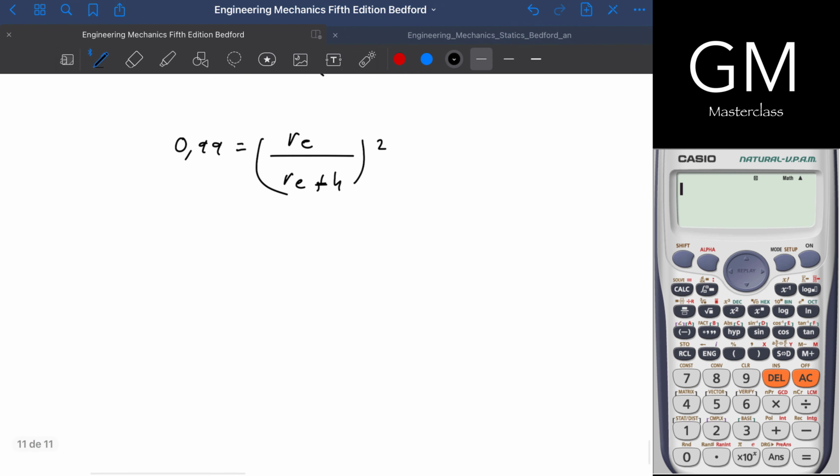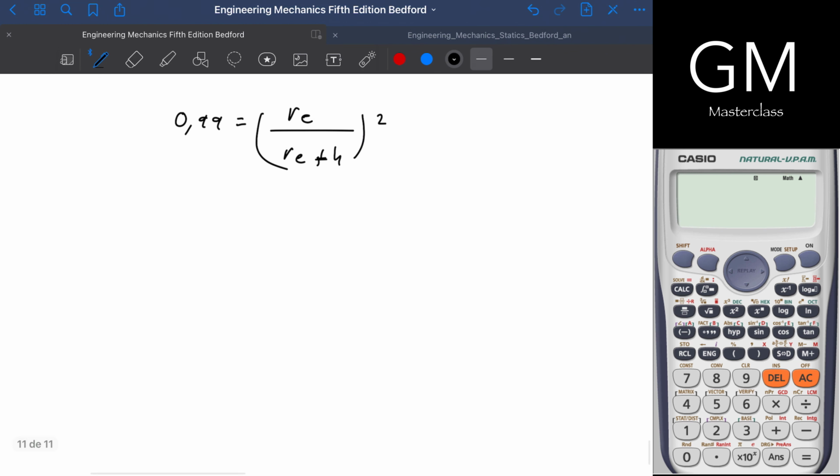Then right here I'm going to take the square root of both sides of the equation, so I can eliminate this power of two. So the equation is the square root of 0.99 equals R_e divided by R_e plus h.